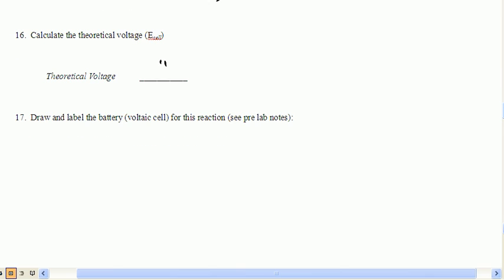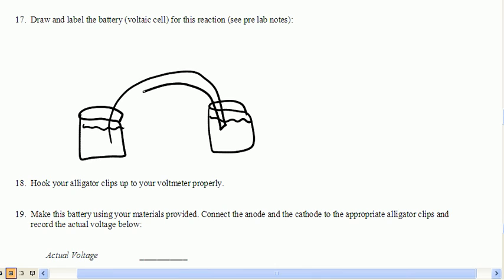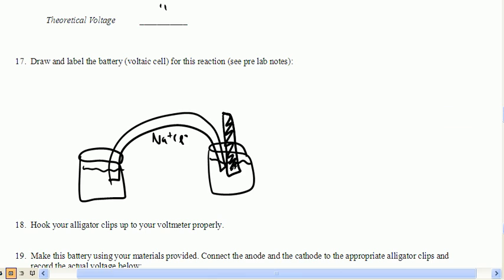We're going to draw and label this battery. Okay. The salt bridge is going to contain Na plus Cl minus. This is going to be Cu, which is the cathode.